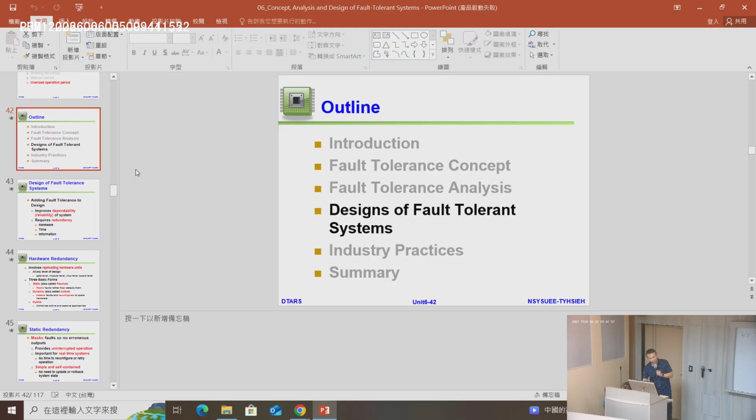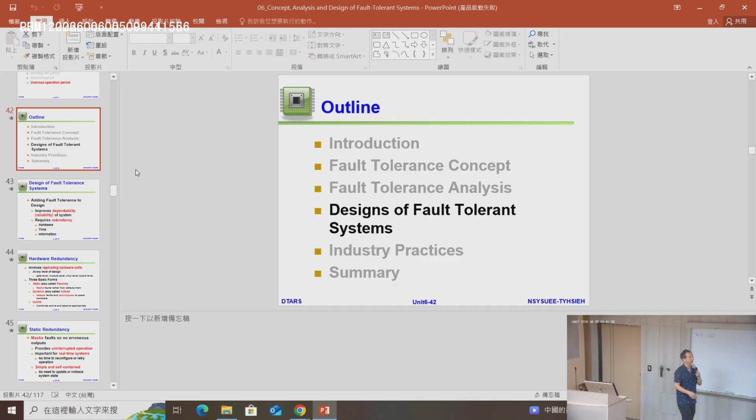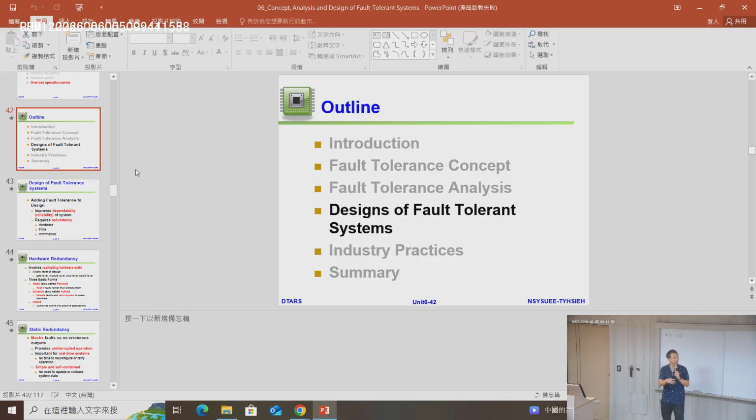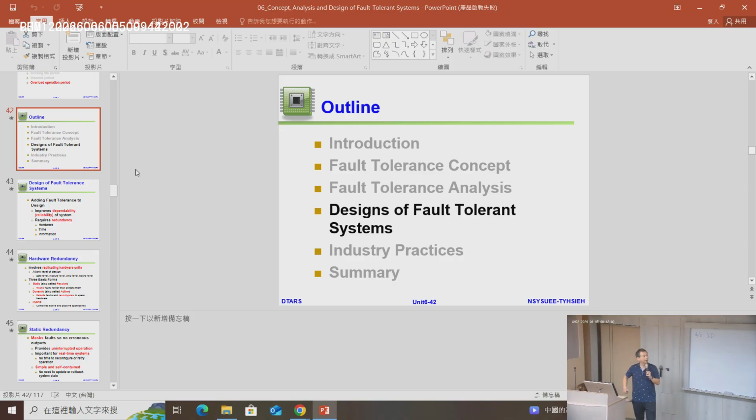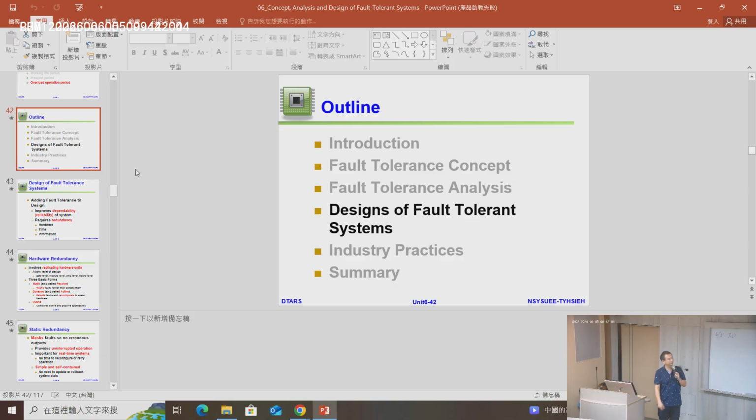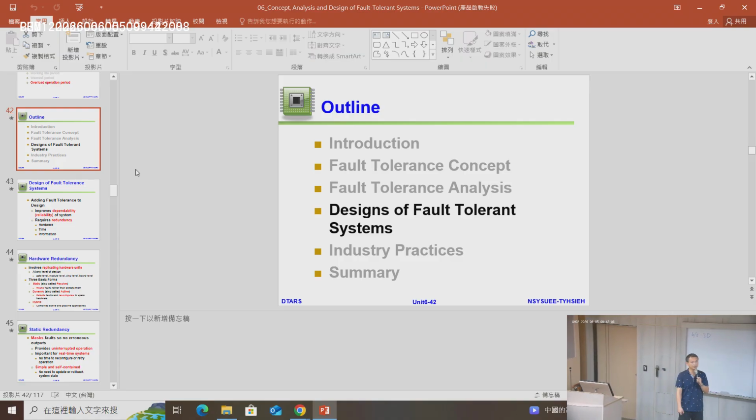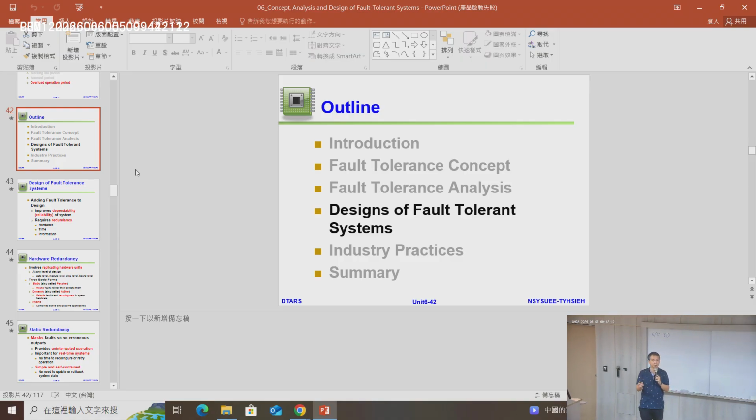Okay, so now let's go back to our new content. It belongs to this part, as you can see on the screen: designs of fault-tolerant systems. For this part, we talk about specific ideas and examples of the different types of fault tolerance methods.